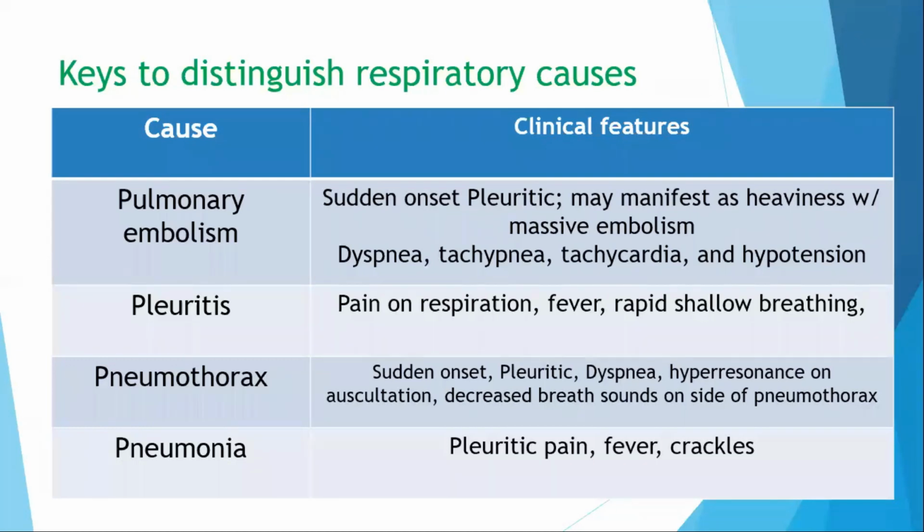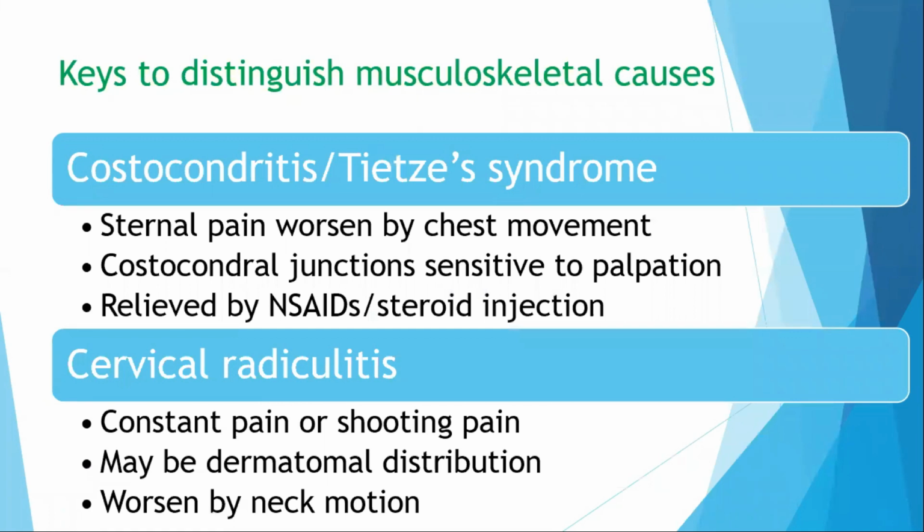Pneumonia: pain is pleuritic in nature, associated with fever and crackles. Musculoskeletal causes include costochondritis, where the chest wall pain is worsened by chest movement, costochondral junction sensitive to palpation, and relieved by non-steroidal anti-inflammatory drugs or steroid injection.